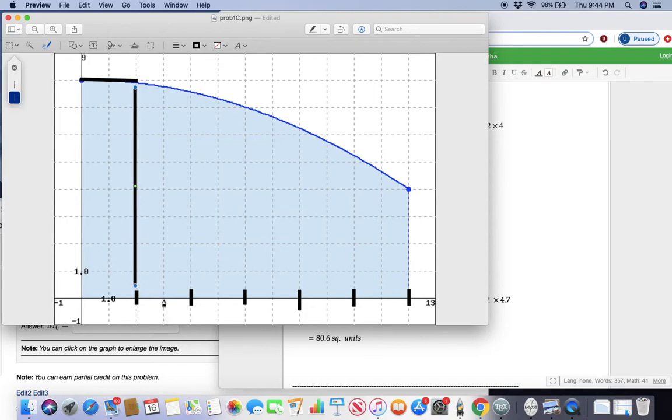Okay, here. This is the first rectangle. For the second rectangle, use the midpoint, and that's the height.